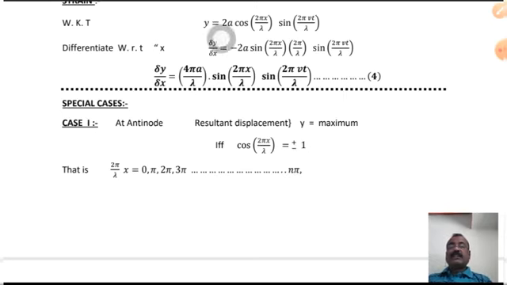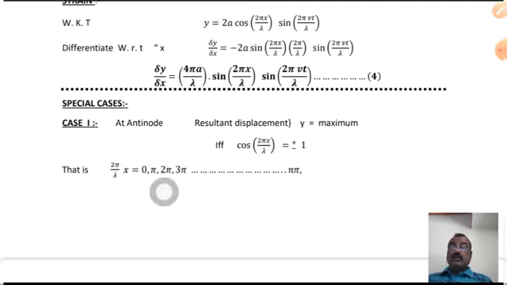This is the expression for resultant displacement. If cos 2 pi x divided by lambda is plus or minus 1, then the resultant displacement is maximum.